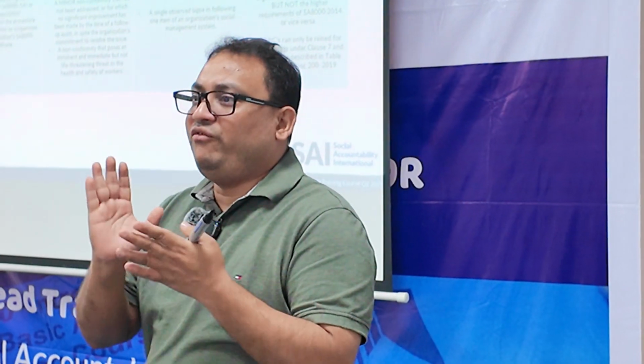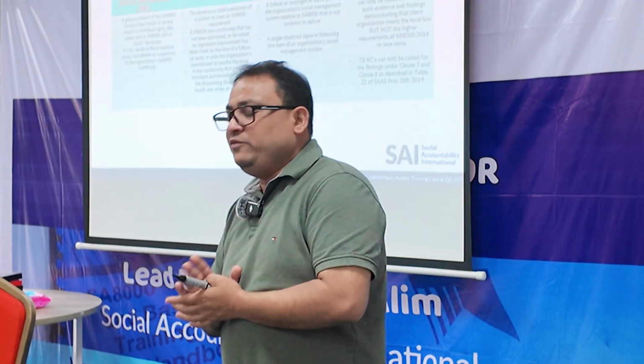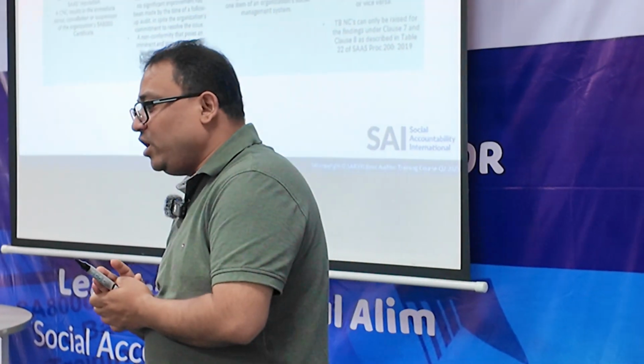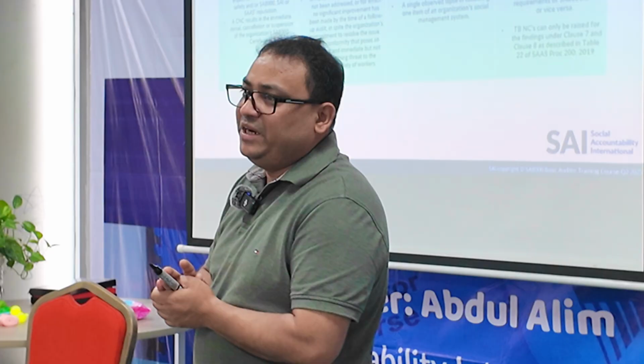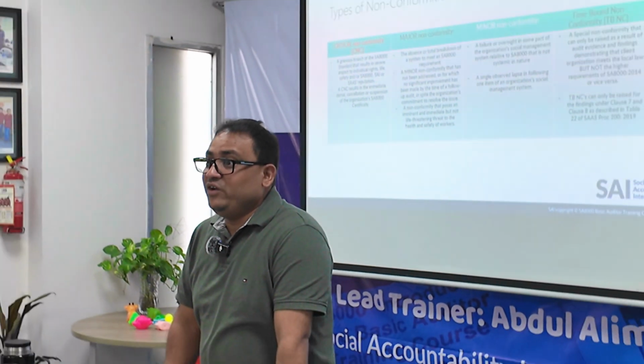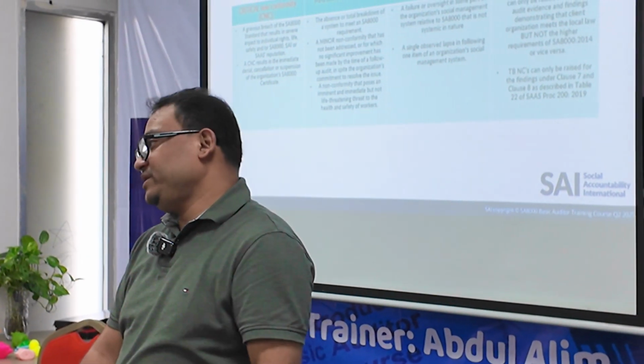So these are 4 categories of nonconformities in SA 8000. If we want to give an example of time-bound nonconformity, then you can say the organization is not paying a living wage, but they are paying minimum wage.